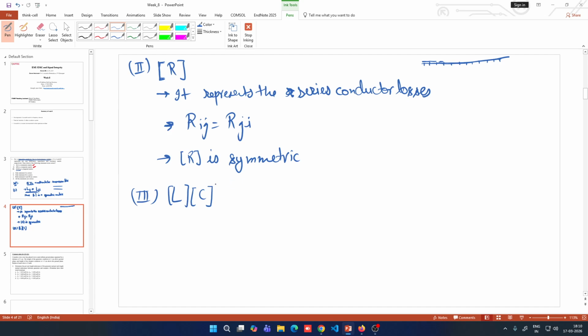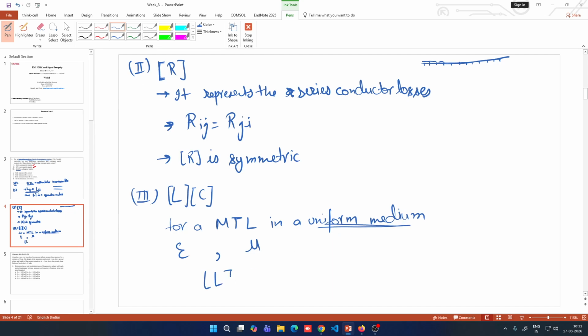For a multi-conductor transmission line, in this case a 3-wire transmission line in a homogeneous or uniform medium, with let's say permittivity epsilon and permeability mu, we can write the multiplication of the L and C matrices as mu epsilon into I.